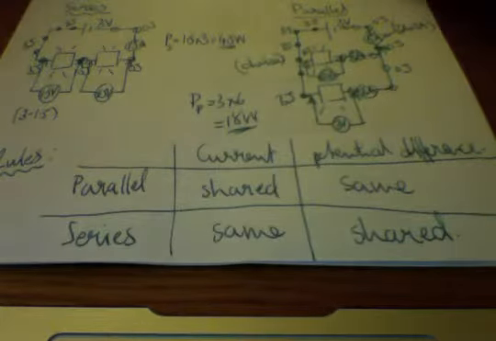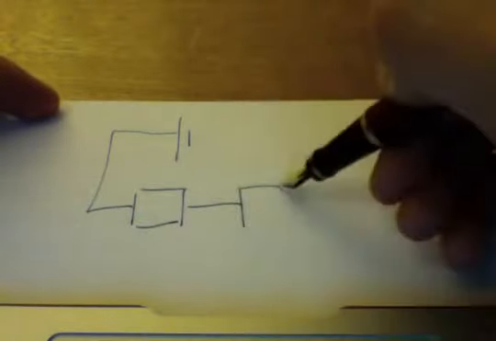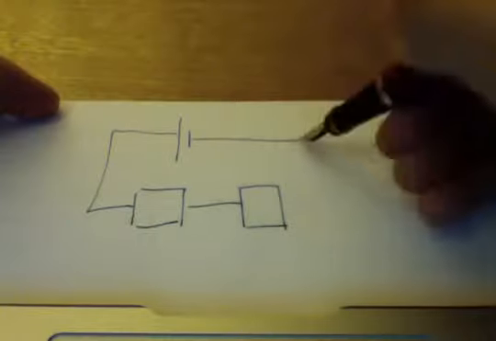Excellent. Okay, let's look at a few examples. Let's look at one more example. We have here a circuit which is slightly more complicated, but we're going to apply the same rules as before.